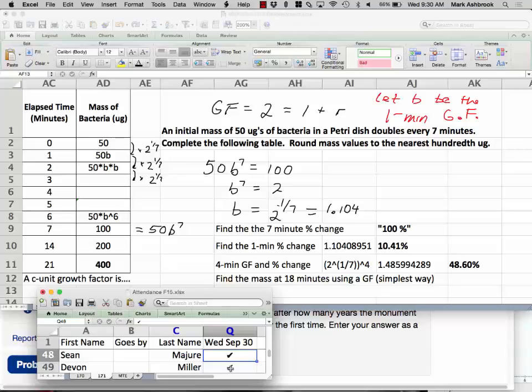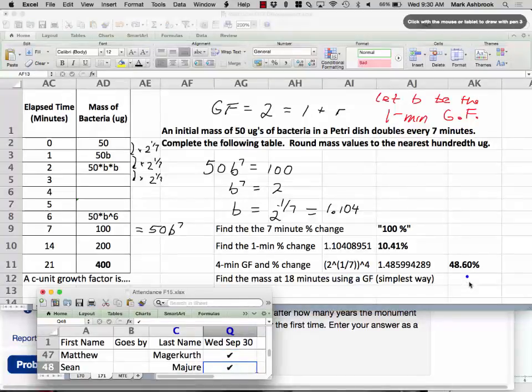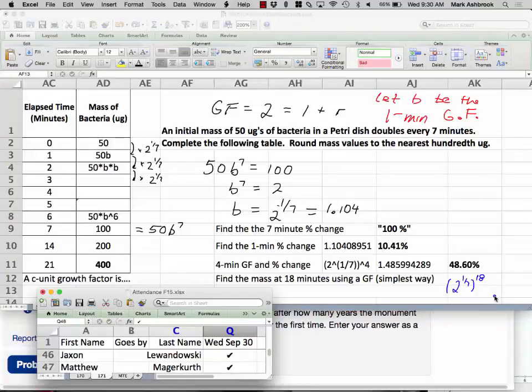So you took 2 to the 1/7 to the 18th. What would that number represent? That's a growth factor. That would be the 18-minute growth factor.